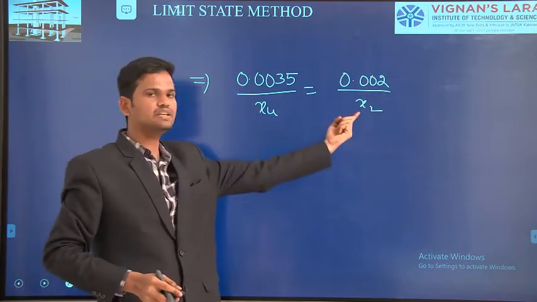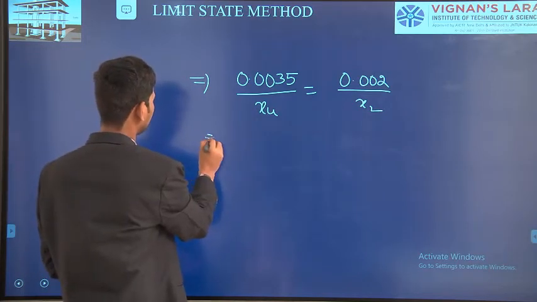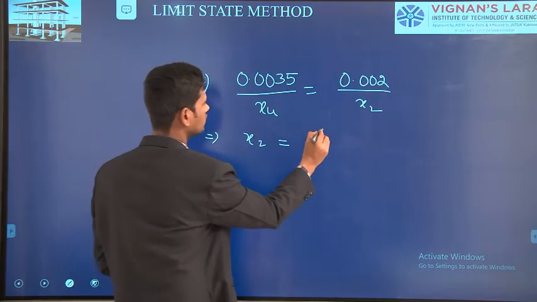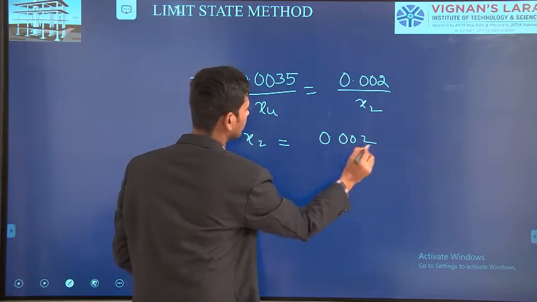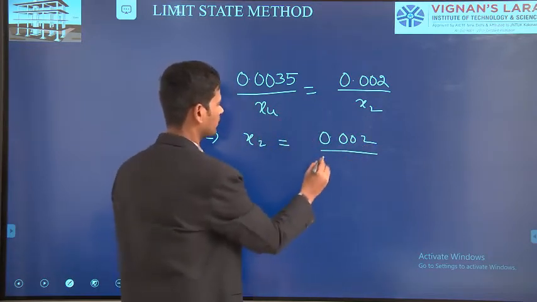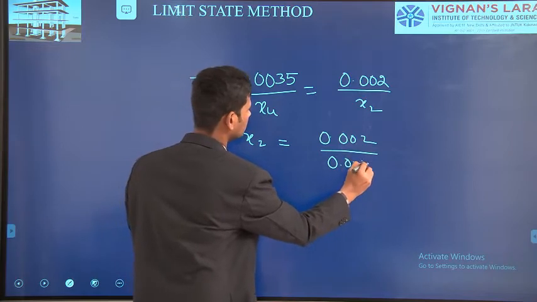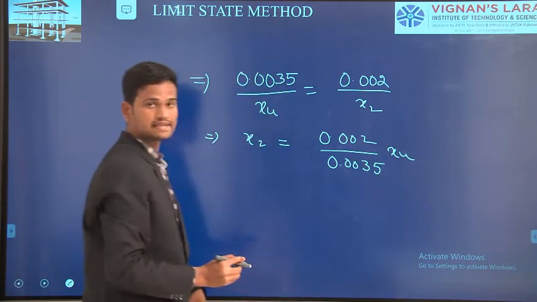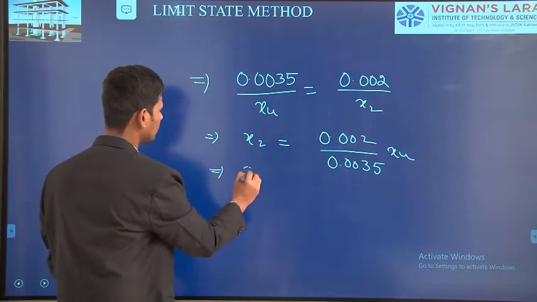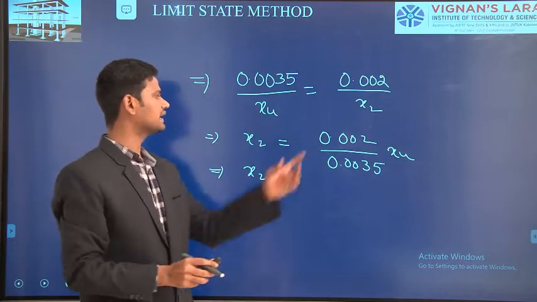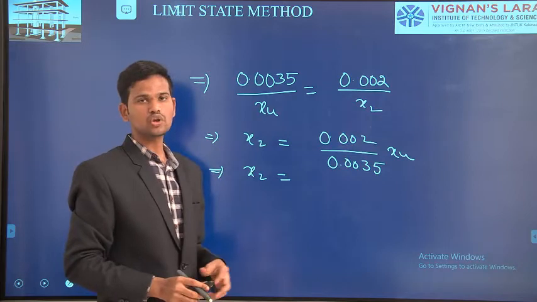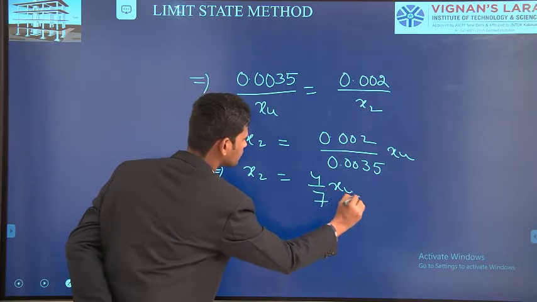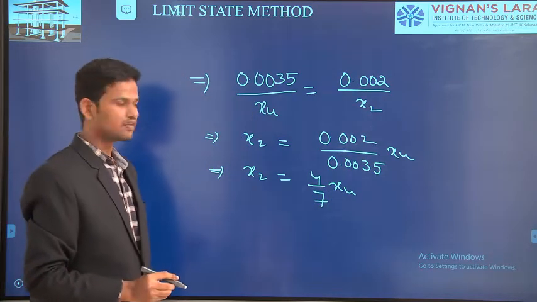So 0.002 divided by x2 equals 0.0035 divided by XU, and bringing XU to that side, x2 equals 0.002 divided by 0.0035 into XU. Calculating this, we get x2 equal to 4/7 of XU.